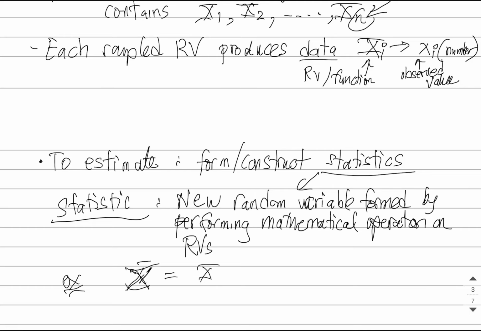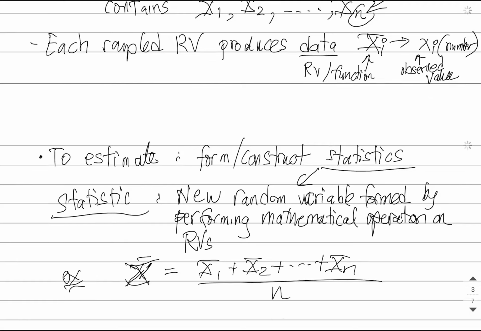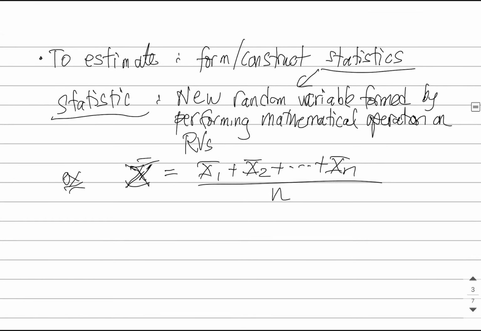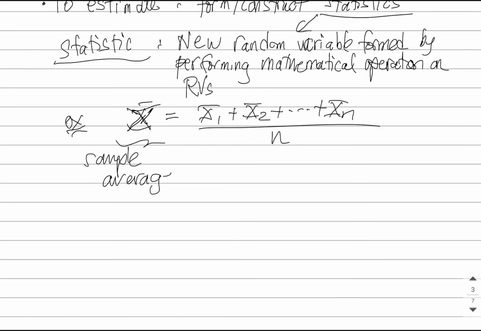It is formed by taking random variables, so let's say the random variables from your sample, and then adding them up and dividing by the number of observations. The reason it's called a sample average is because it stops at little n. It just takes the information from the sample.